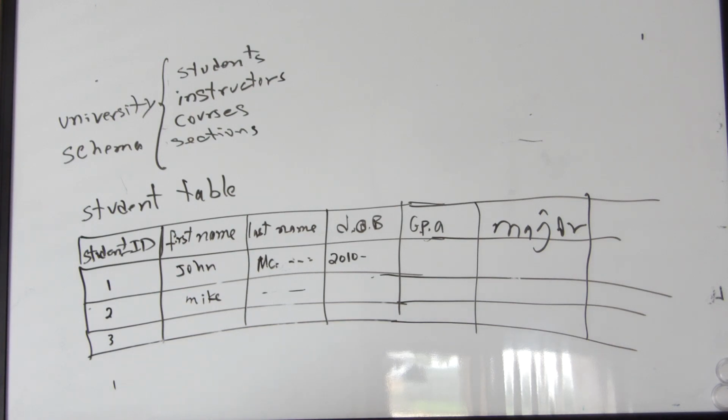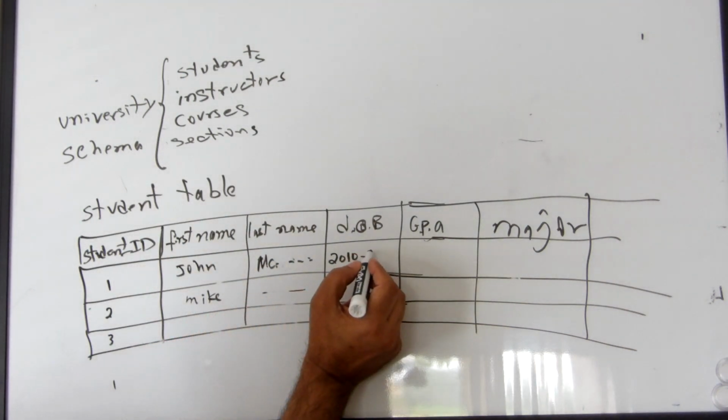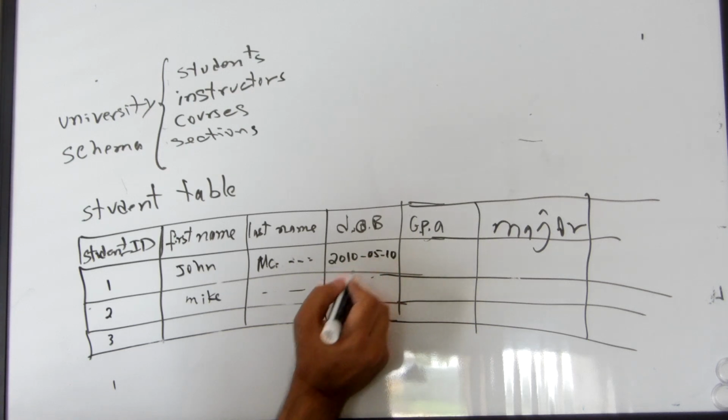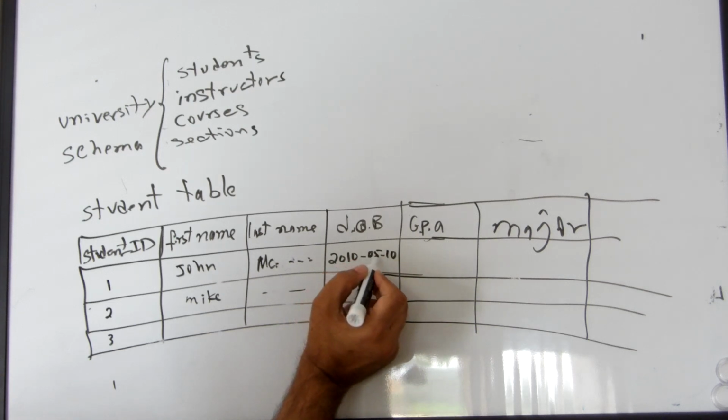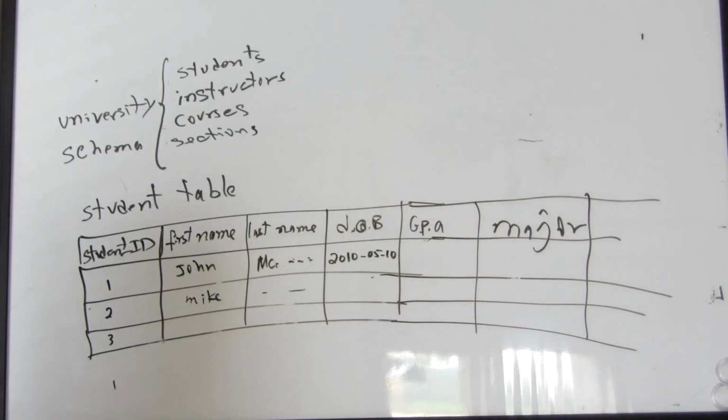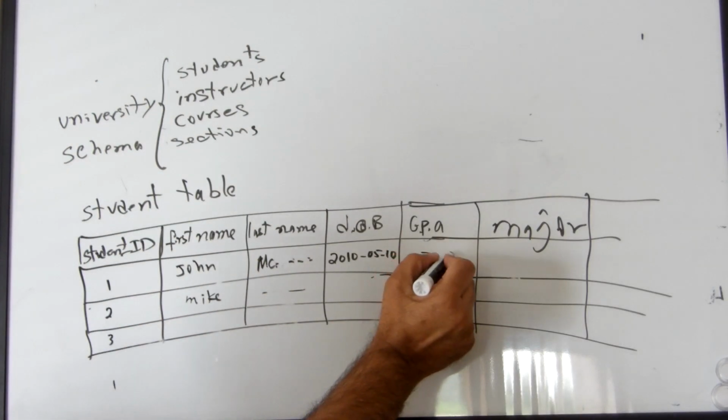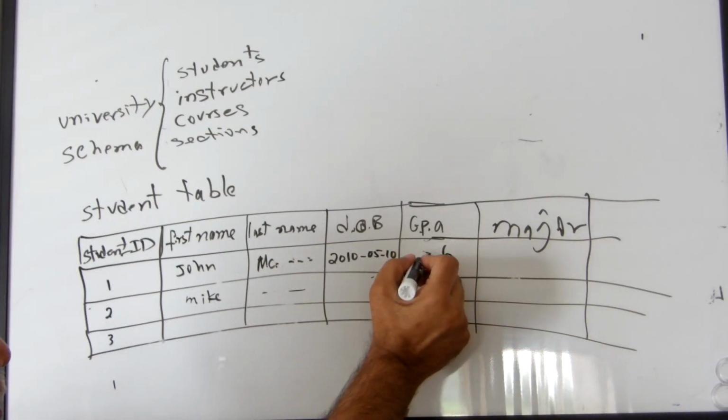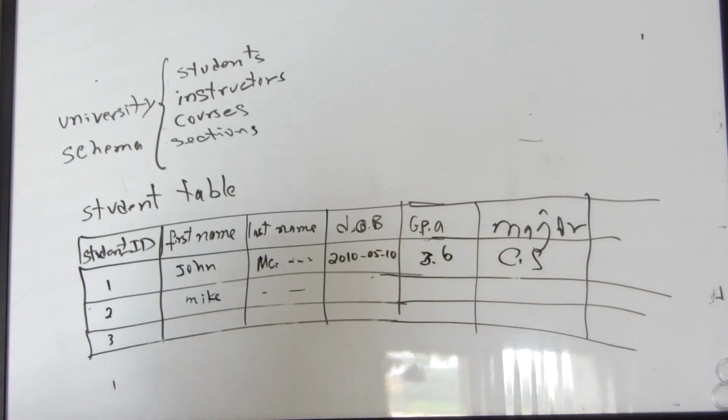For the date, you write the month, 05, 10, the 10th of May of 2010, and GPA, whatever, 3.6, and major is computer science.